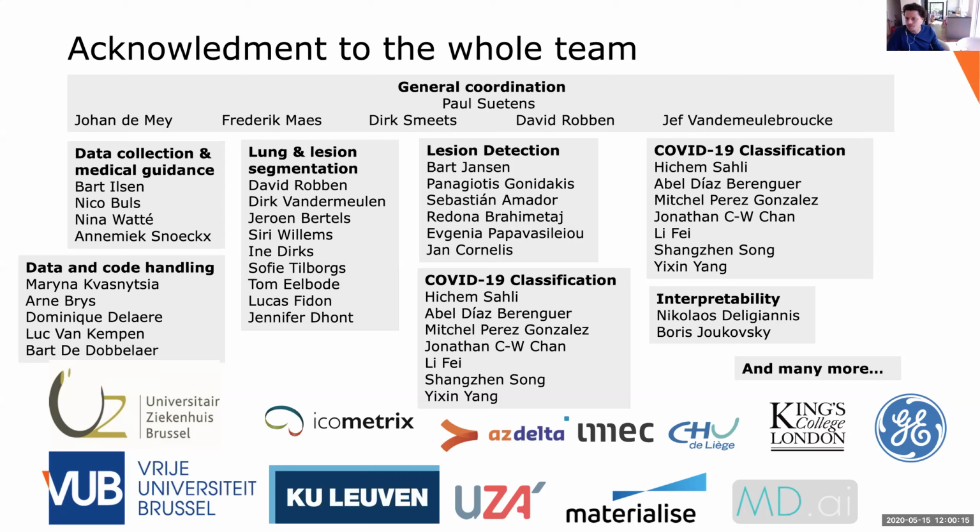Okay. Yeah, and I can maybe pick in on that because from the icometrix point of view, we were a bit less involved in the training, which was mostly done at the VUB and at the KU Leuven. I also know that the Vlaamse Health Cluster was used there to contribute to the training of the networks. What was a challenge for us was to process all the images, because you need to think that in about 7 weeks, we have been able to process 10,000 images in a cloud environment.